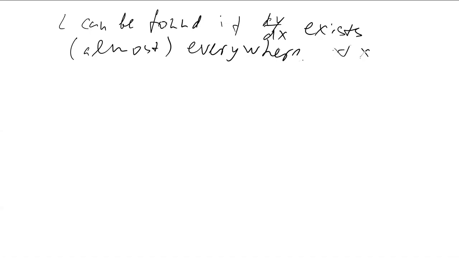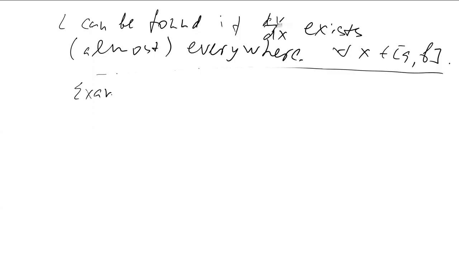Say for any x between a and b. But this is not always the case. So I will give you an example of a curve for which the derivative dy over dx doesn't exist anywhere, not at any point. And its length apparently is infinite. So this example, I will call it the so-called Koch curve.